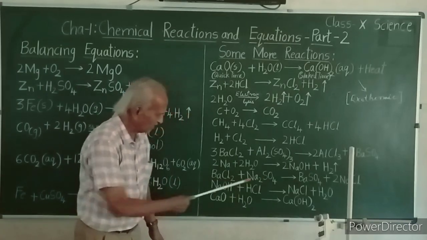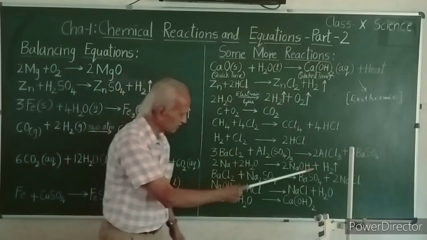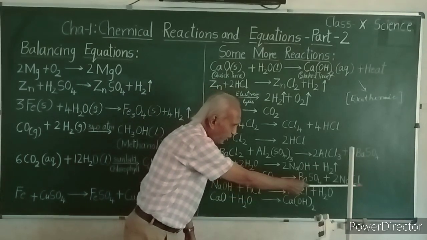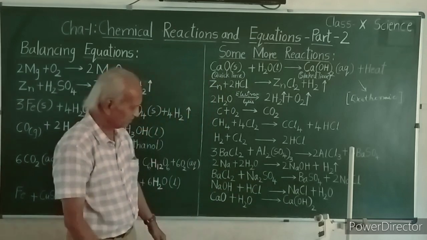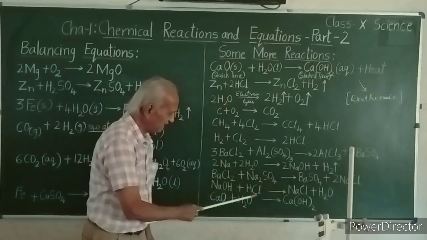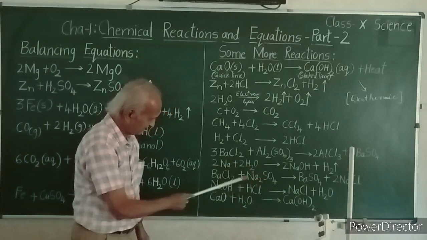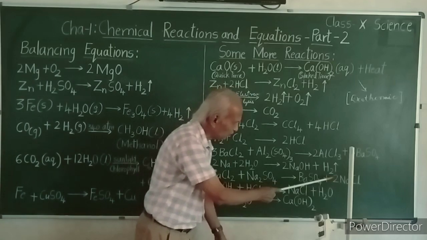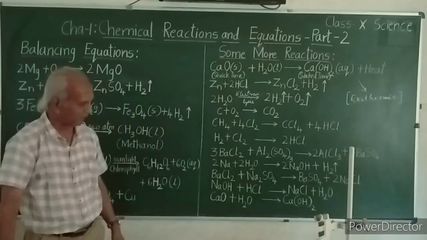Here you see SO4 has come here, it is BaSO4. Cl2 has gone there, it is Cl. How is it 2? Coefficient is 2. Na to 2 Na. Cl2, it is 2 Cl. So right and left hand sides are matched.